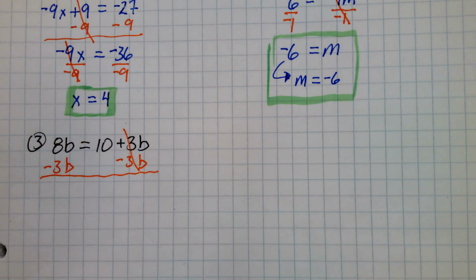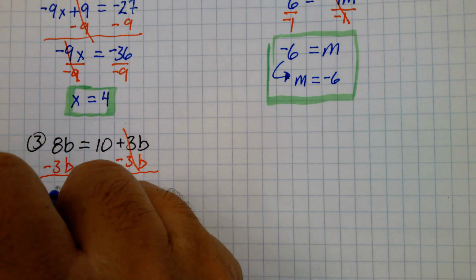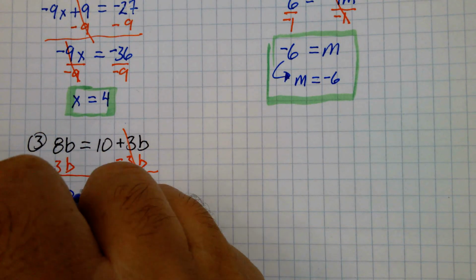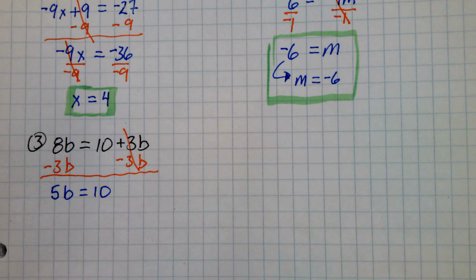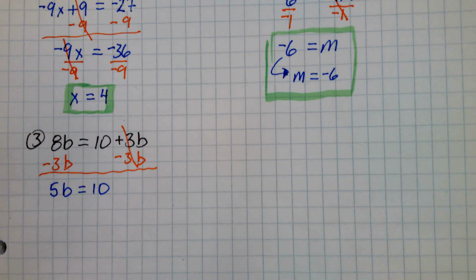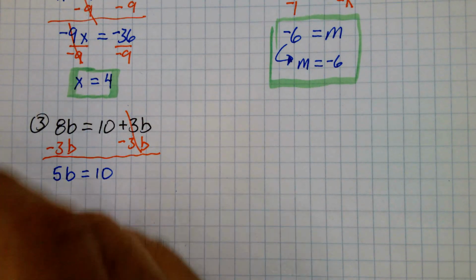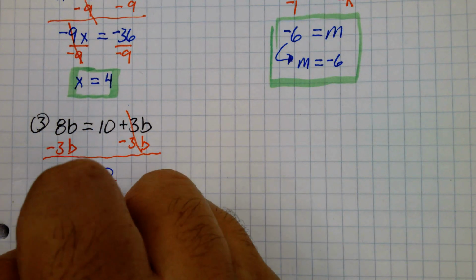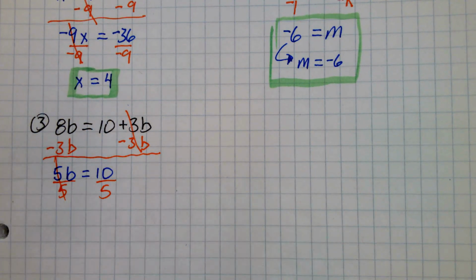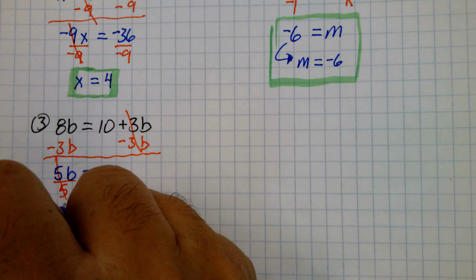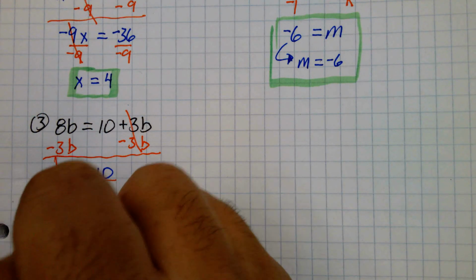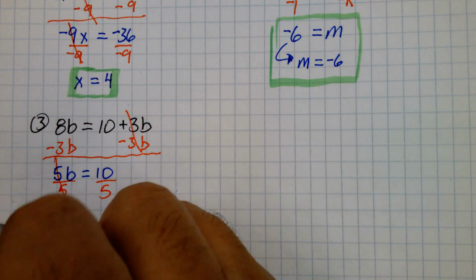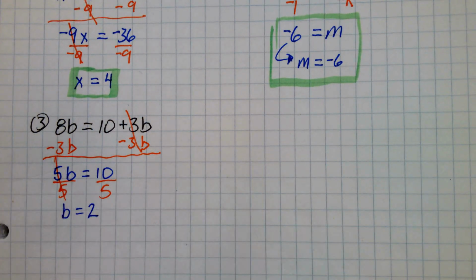So this goes away. And let's see, we got 8, take away 3. That's 5b equals 10. So that's actually going to work out pretty well because 5 goes into 10 2 times. So we get b equals 2.